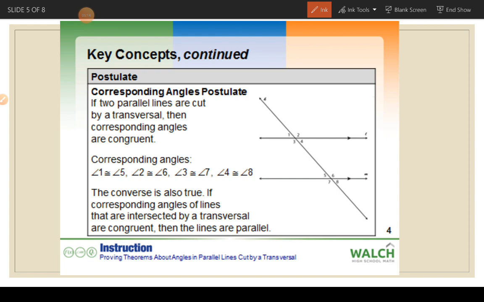So we also have some corresponding angles. And corresponding angles mean they're in the same spot. Okay, so basically, if I pick up this little section off and I put it on this section, it's saying what is in the same position.